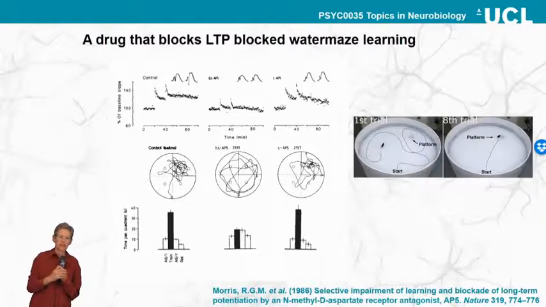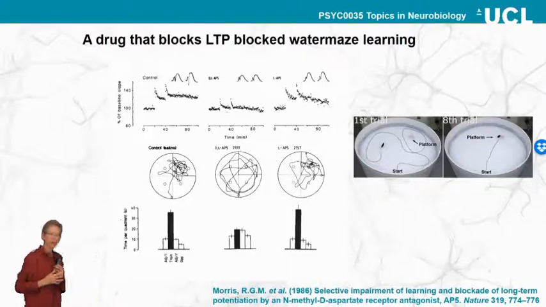And what they showed was that this blocks LTP very effectively, and you can see that in the middle one of those panels. Compared with the control conditions on either side, there's no LTP, so the evoked potentials didn't get any stronger in size. Notably, there were still evoked potentials, so this drug doesn't block normal synaptic transmission. It only blocks the increase in synaptic transmission.